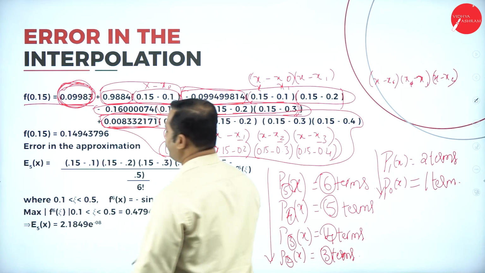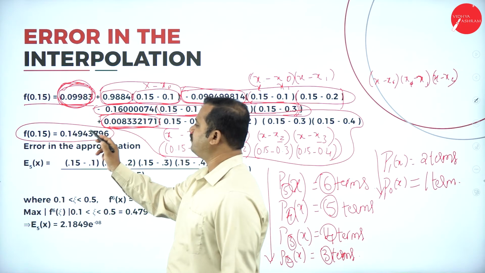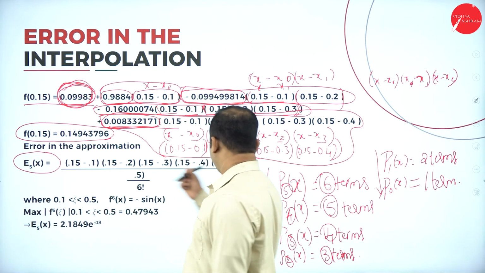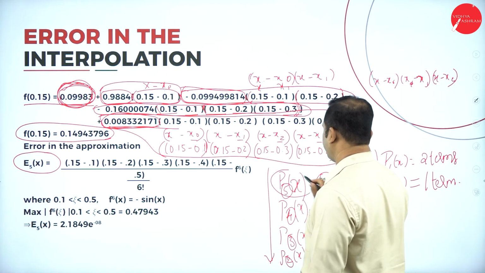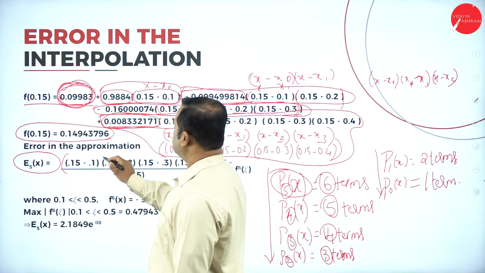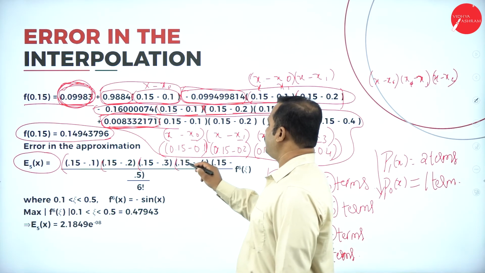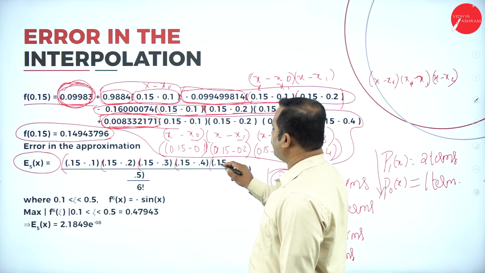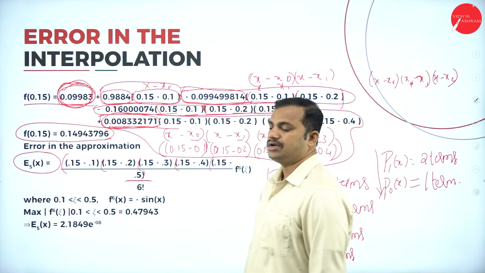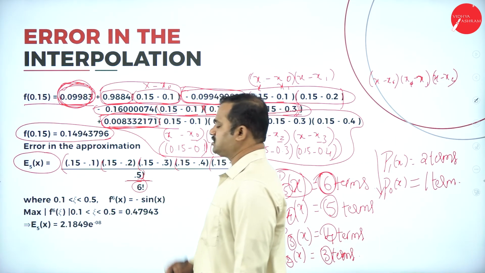And then finally we are left with 0.15 is equal to 0.14943796. So the error in approximation E5, for the 5th degree polynomial P5, what is the error in this? It is 0.15 minus 0.1, 0.15 minus 0.2, 0.15 minus 0.3, 0.15 minus 0.4, 0.15 minus 0.5, divided by the sixth factorial, since there are 6 terms.